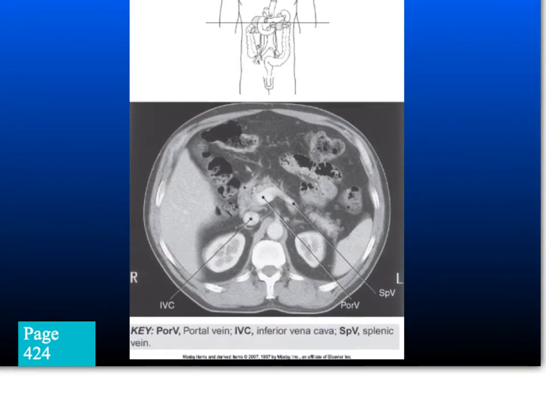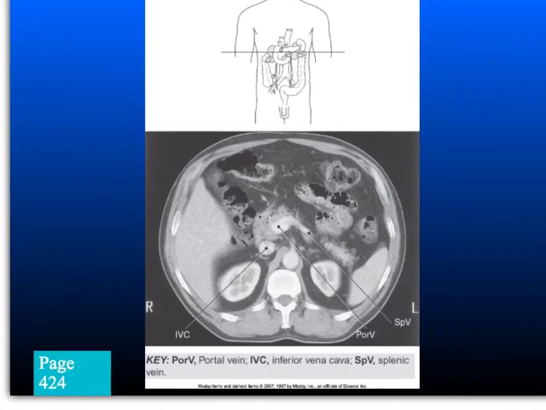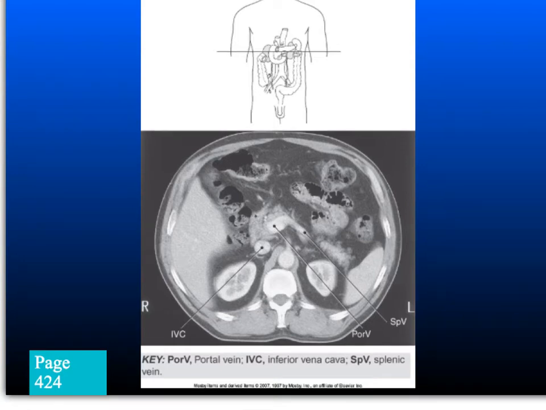This one shows the portal vein, inferior vena cava, and splenic vein really well. The portal vein is really important. You need to know where it is. It shows up in a lot of the CT and MR scans, so it's really important for you to recognize the portal vein.